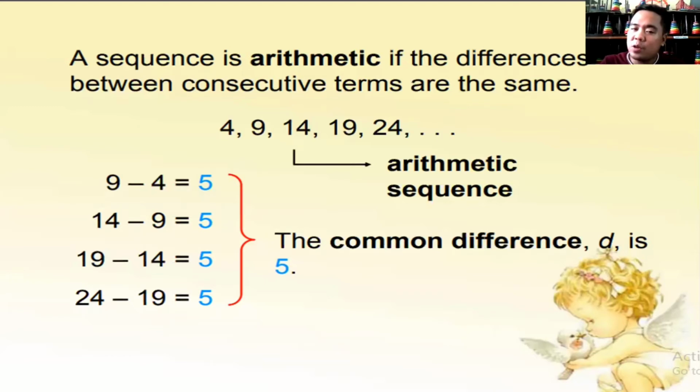So second term minus first term, third term minus second term, fourth term minus third term, fifth term minus fourth term, and so on, para makuha nimo ang common difference. Or simply, a sub 2 minus a sub 1, a sub 3 minus a sub 2. That is denoted by d. Okay? Nganong kuhaon man nato ang common difference? Para mahibaw-an kung arithmetic sequence ba siya.